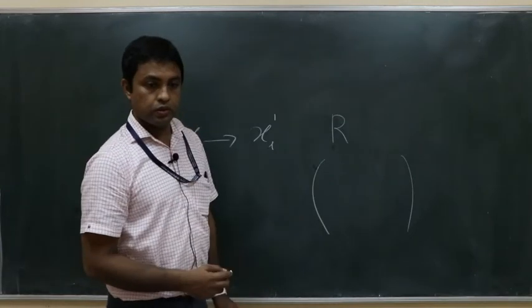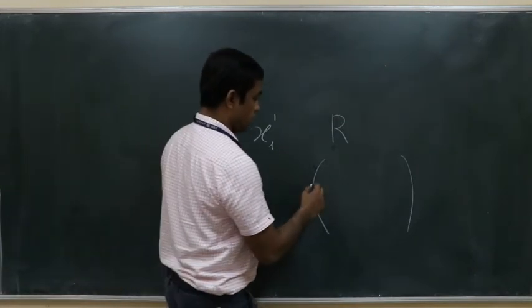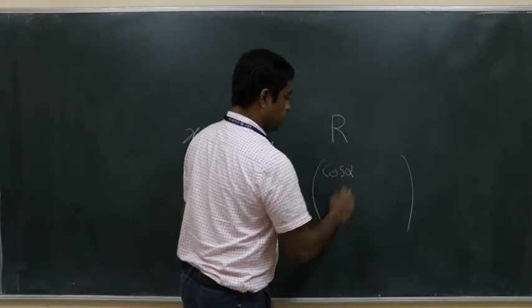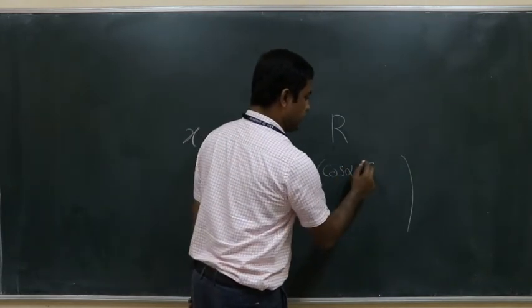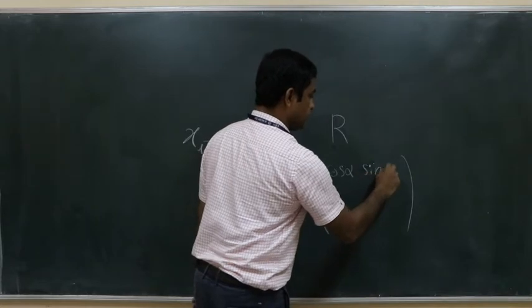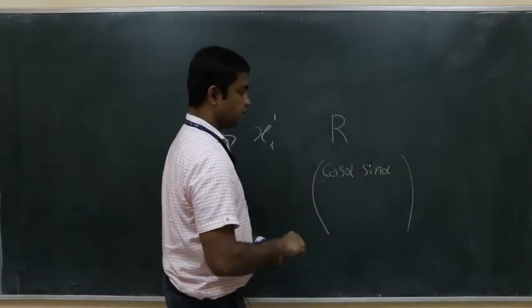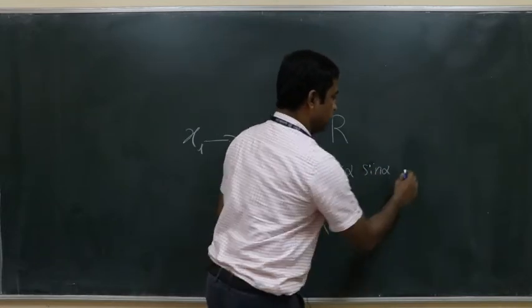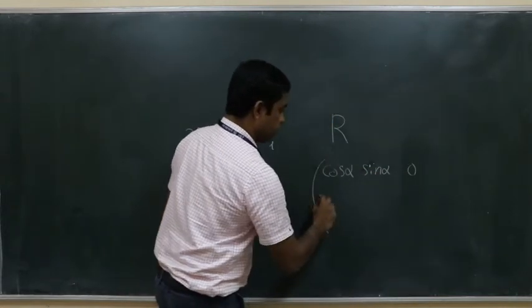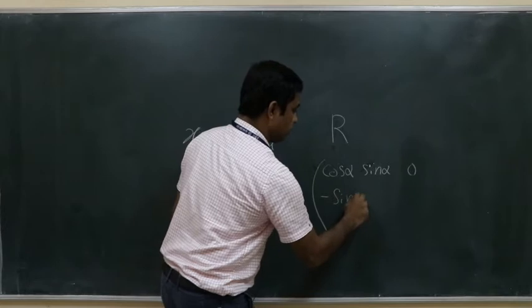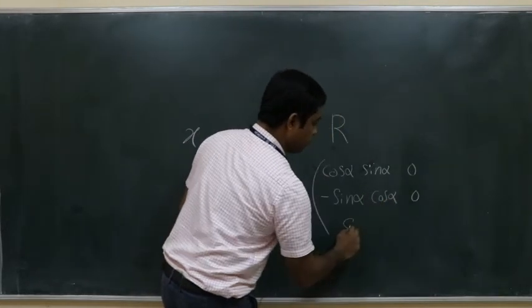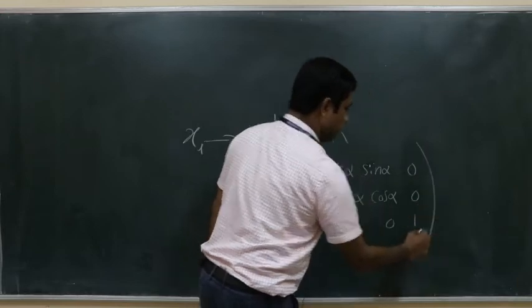This is cos alpha, this is sin alpha, then minus sin alpha. It's a 3 by 3 matrix, so this will be 0. Then this is minus sin alpha, then cos alpha, then 0, 0, 0, 1.